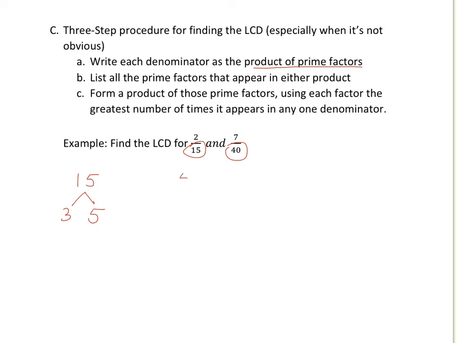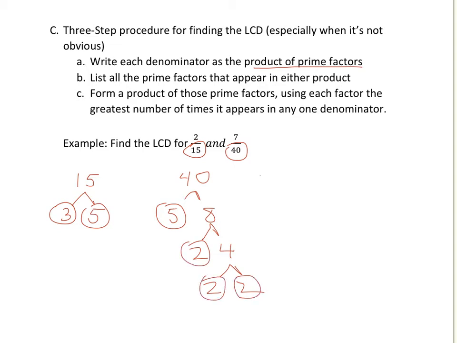And 40 is 5 times 8. Oops, let me just fix that 5 up a second. And 5 is a prime number, but 8 is 2 times 4. 2 is prime, but 4 is 2 times 2. So here are all my prime factors, okay?